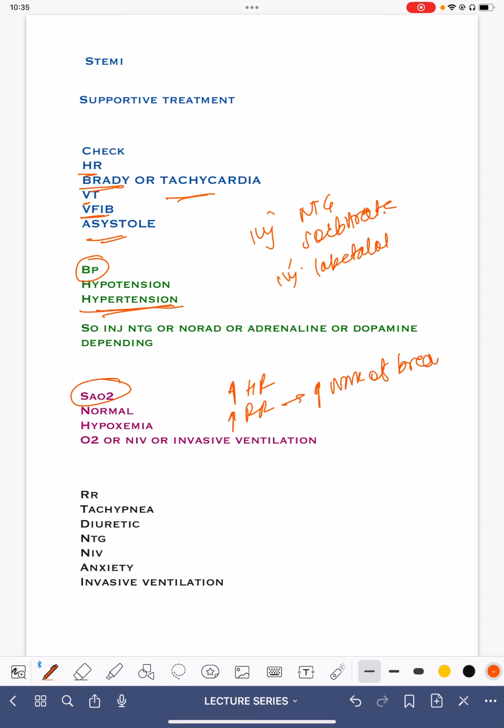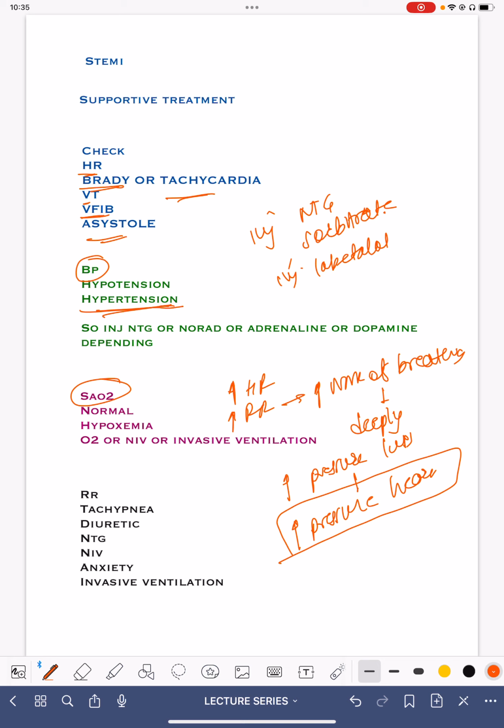So the patient will have to breathe more and breathe deeply, which will automatically increase the pressure on the lungs, and so it will automatically increase the pressure on the heart. As the heart is already suffering from a heart attack, meaning the pumping capability of the heart is poor, if the saturation is low, then because of the low saturation, the heart and lungs will have to function more.